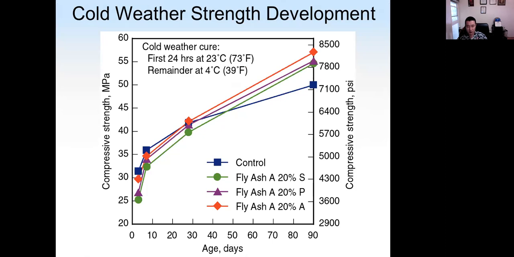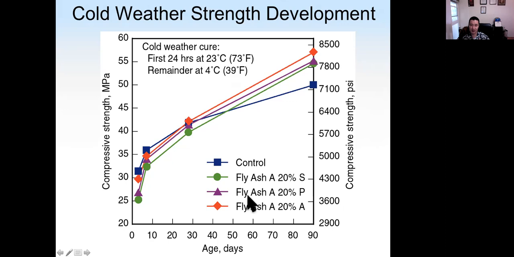This figure shows how the temperature affects the strength development up to 90 days, 3 months. The control mix, which is the blue line, is 100% cement. The other lines: the green line is fly ash with 20% replacement of cement.